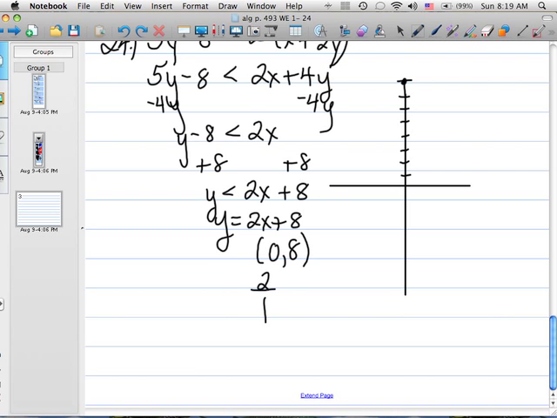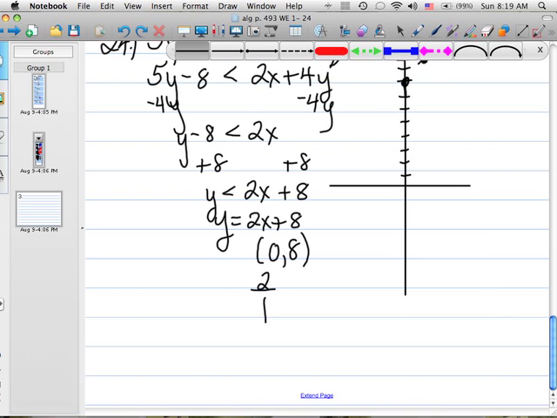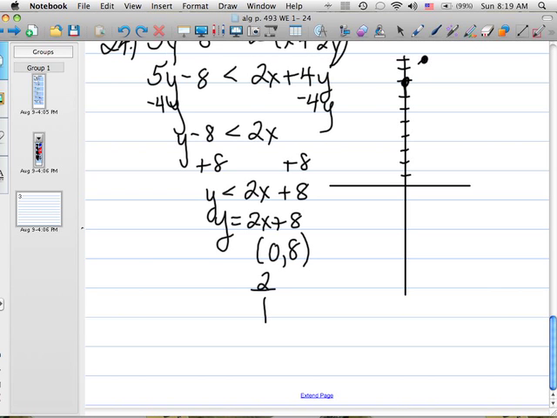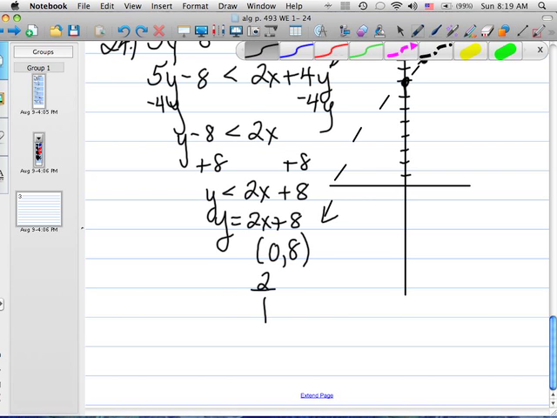So that means we have to go up 2 more. And 1 to the right. And it's less than, so we need a dashed line. And it says less than, as we said before, so we're going to shade below.